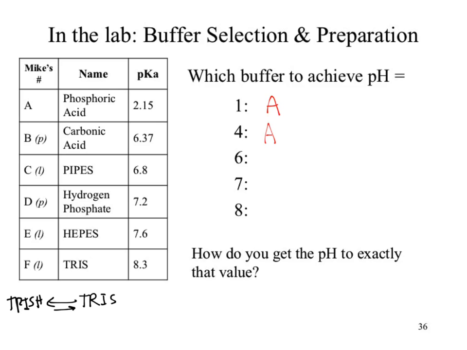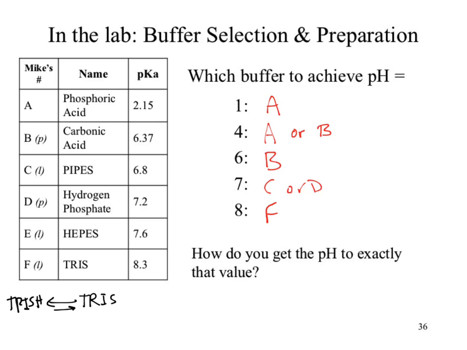I think it's phosphoric acid or potentially carbonic acid because it sits pretty much right in between them. What a mean question. How about 6? Probably just our carbonic acid. 7? C or D. 8? Just our tris with our F.